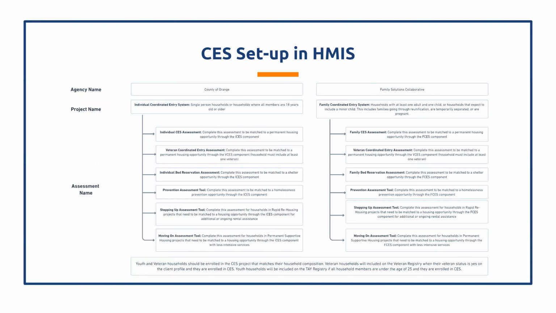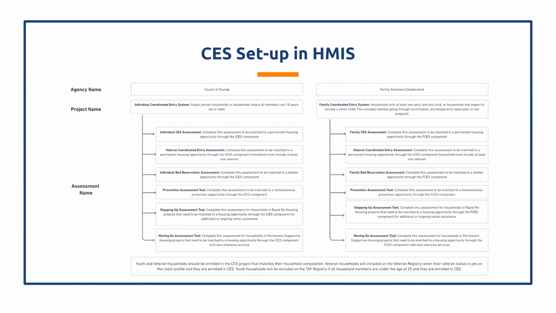CES set-up in HMIS. There are two agencies that are set up with CES projects under the agency, which are County of Orange and Family Solution Collaborative. A household should be enrolled into the CES project that matches their household composition.